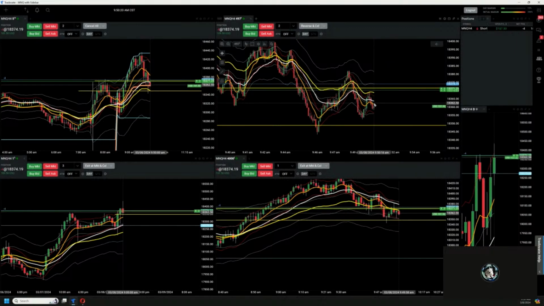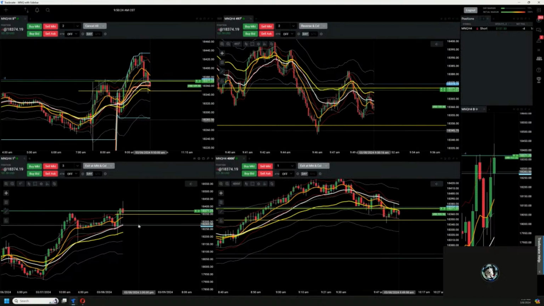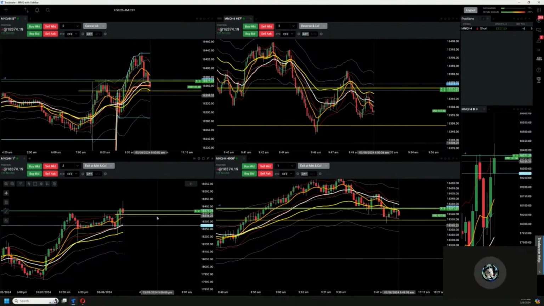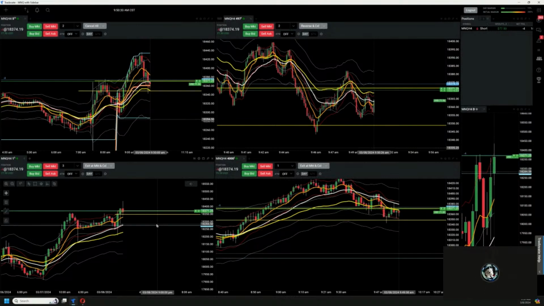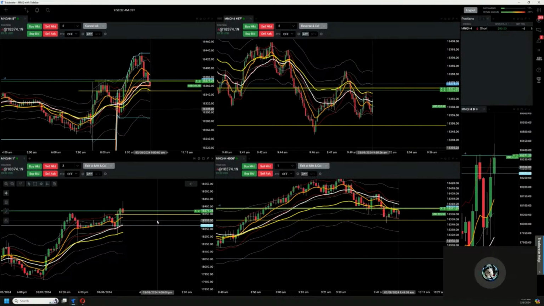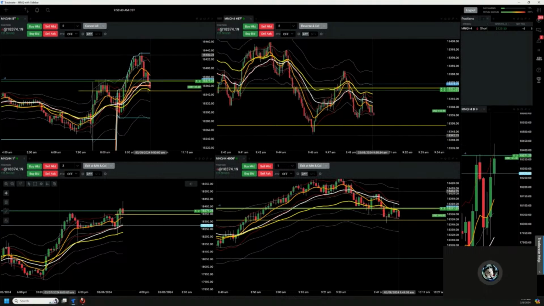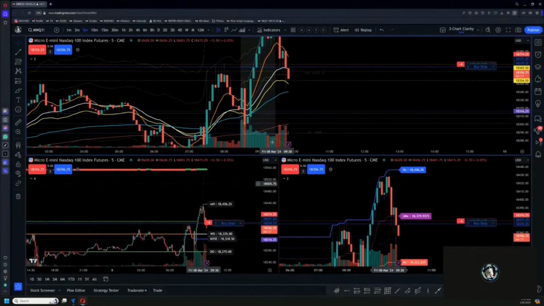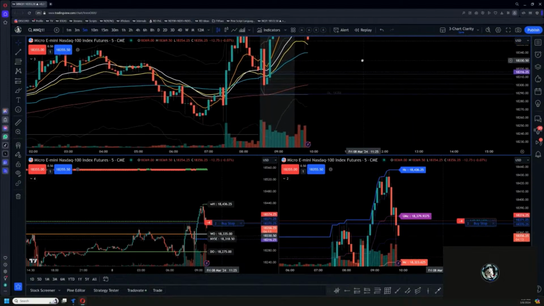The question is, is it going to do what I'm looking for, the pattern on chart 3? I see. Yep. I'm still short bias, so I'm still short.